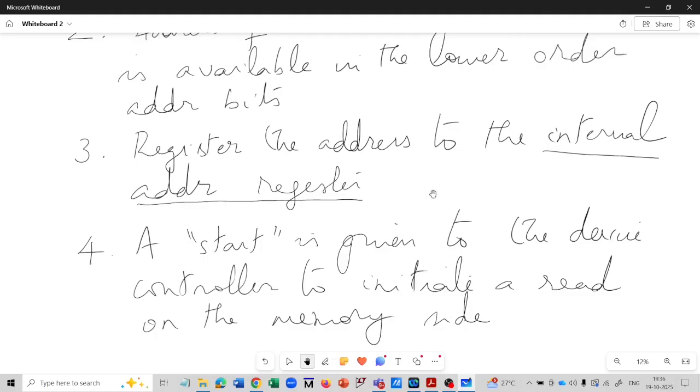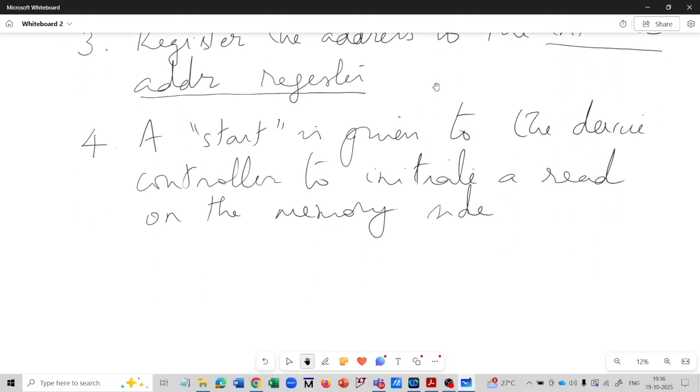So in an earlier discussion, we have seen that there are two controllers that will be part of the interface controller. One is the host controller FSM, and the other is the device controller FSM. So whenever there is a read transaction to a memory location from the processor, the address will be internally stored in the address register, and a start will be given to the device controller state machine.